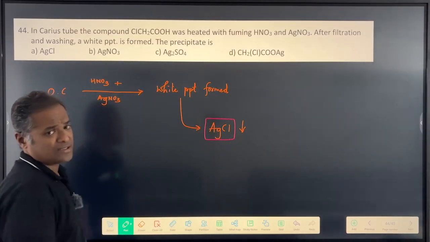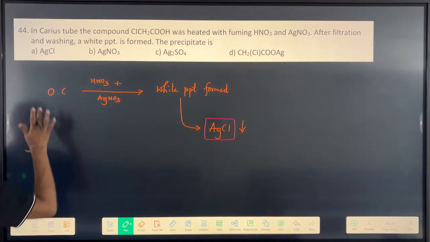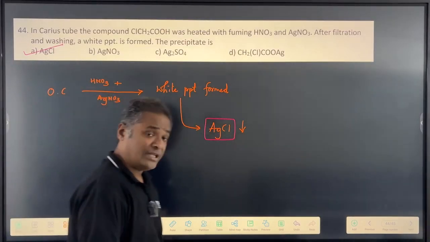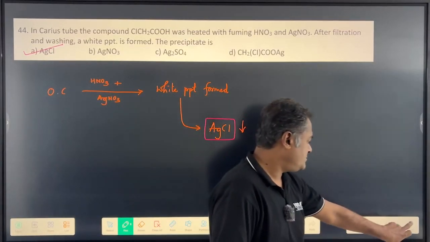So in this question the correct option is AgCl. Is it correct? Let's proceed with the next question, child. The last question.